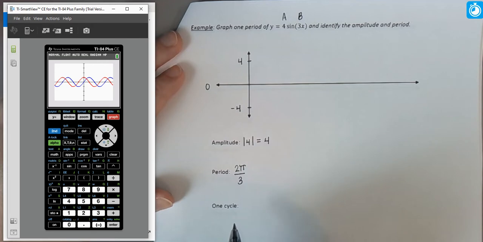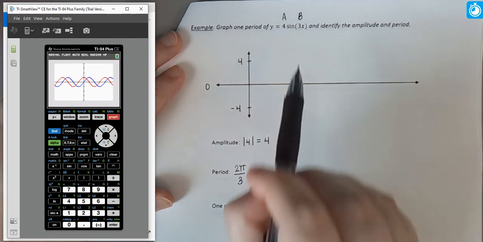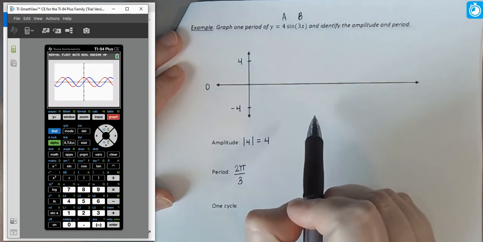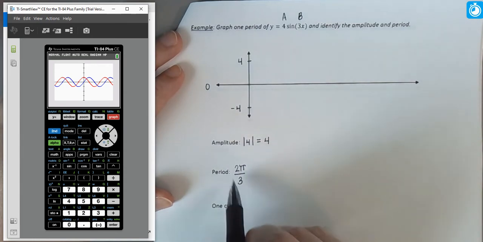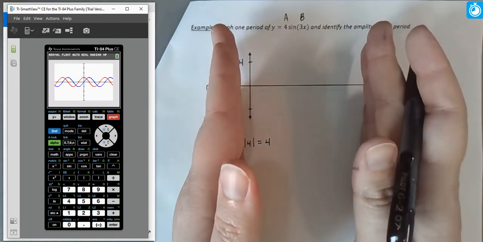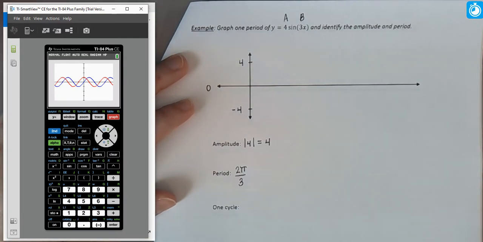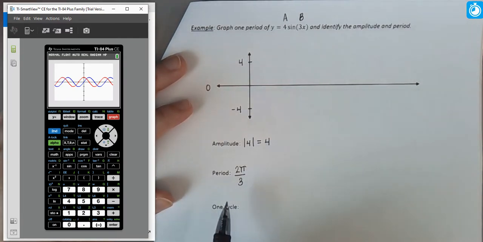So what this essentially means is, whereas the standard sine graph repeats after 2 pi units, this particular graph is going to repeat in a third of the time. It's going to repeat after 2 pi over 3 units. So essentially imagine taking that standard sine graph and then shrinking it down so that it repeats over a shorter distance.